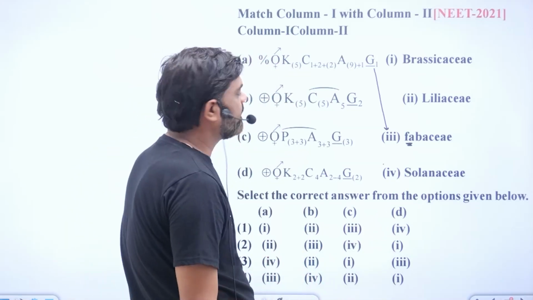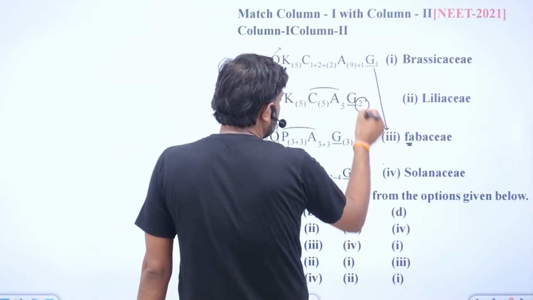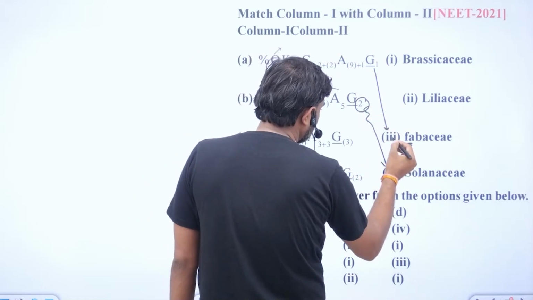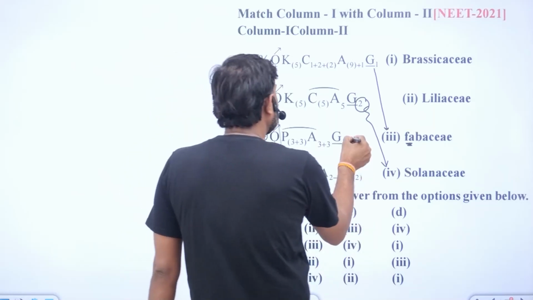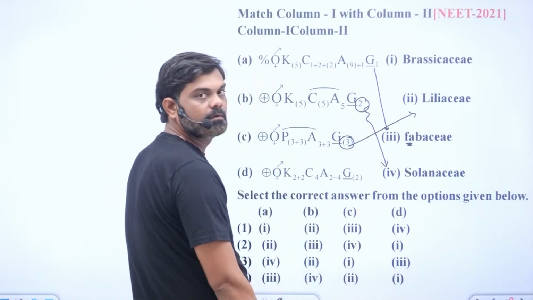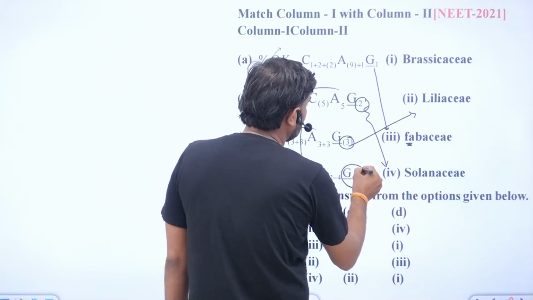Fabaceae, monocarpellary condition. Second, then bicarpellary condition, Solanaceae, and tricarpellary condition, Liliaceae, and bicarpellary condition again, Brassicaceae.